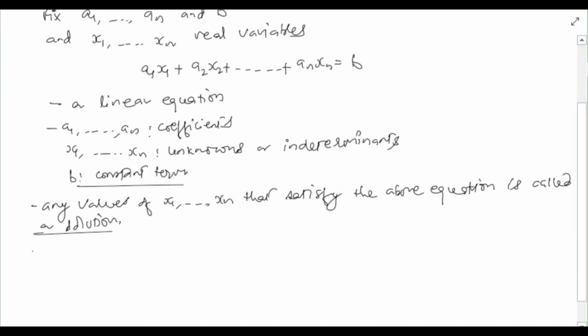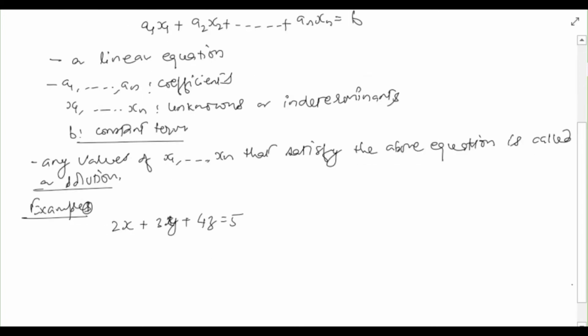Let us consider an example. Consider the following equation: 2x plus 3y plus 4z equal to 5. It can be easily seen that 1, 1, 0, that is x is 1, y is 1 and z is 0, satisfies the above equation.